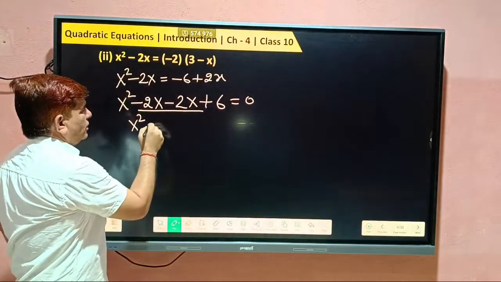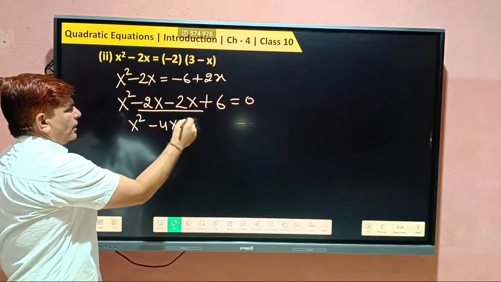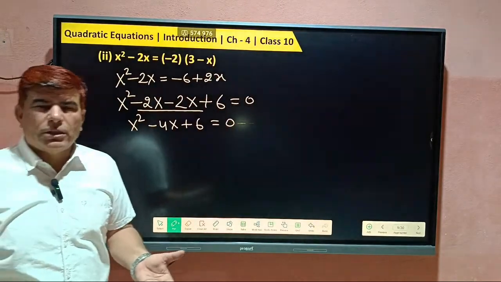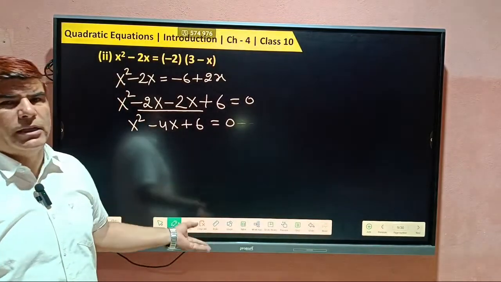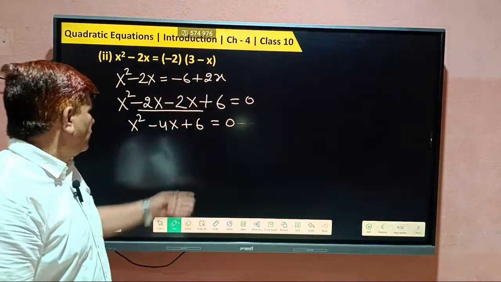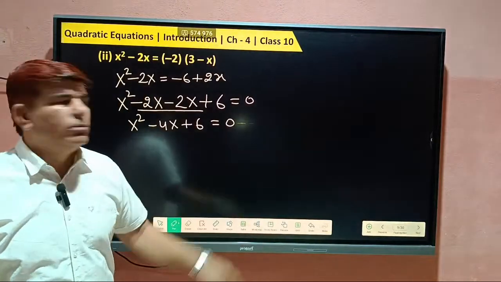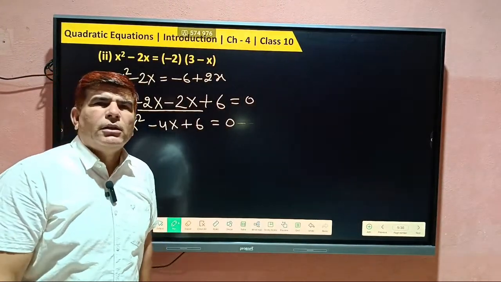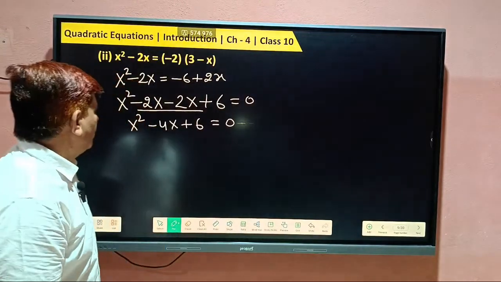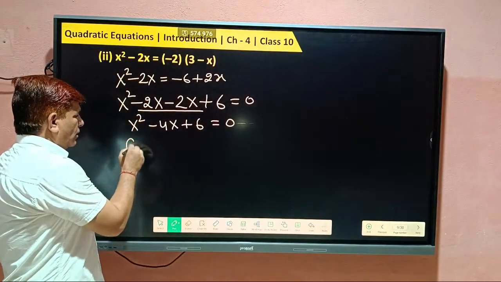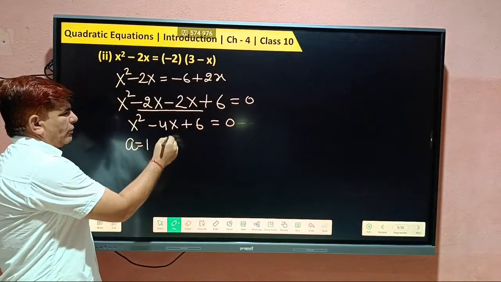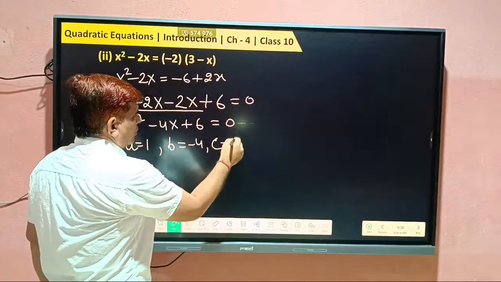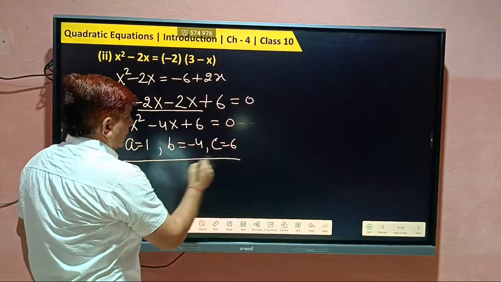The sum of these gives x² − 4x + 6 = 0. Again the same process: the highest power of the variable is 2, so definitely it is a quadratic equation. Comparing with the standard form, a = 1, b = −4 and c = 6. Understood?